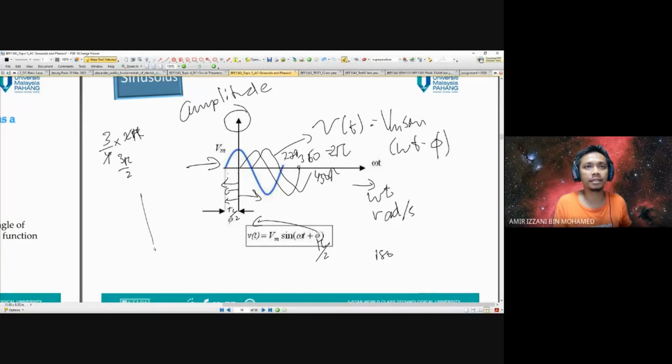Because the reference is in the middle, it is 0 radian. So we see the difference. Here this is pi over 2, pi, 3 pi over 2, then here is 2 pi.